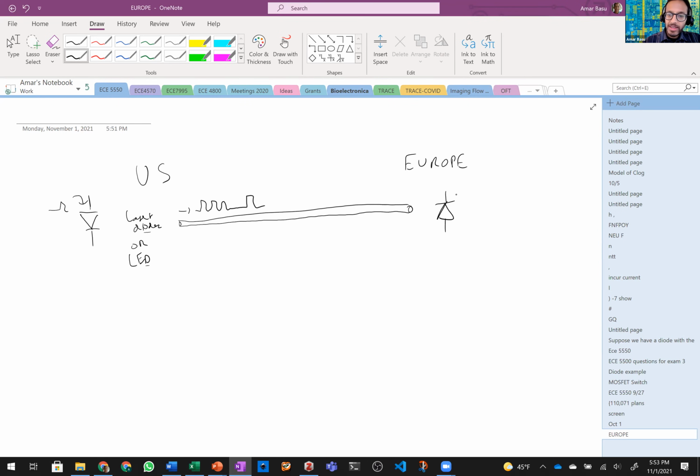And on the other side, you have a diode that's reverse biased that behaves as a photodiode. So this diode converts current to light, so you create pulses of light. And a photodiode converts light to current.